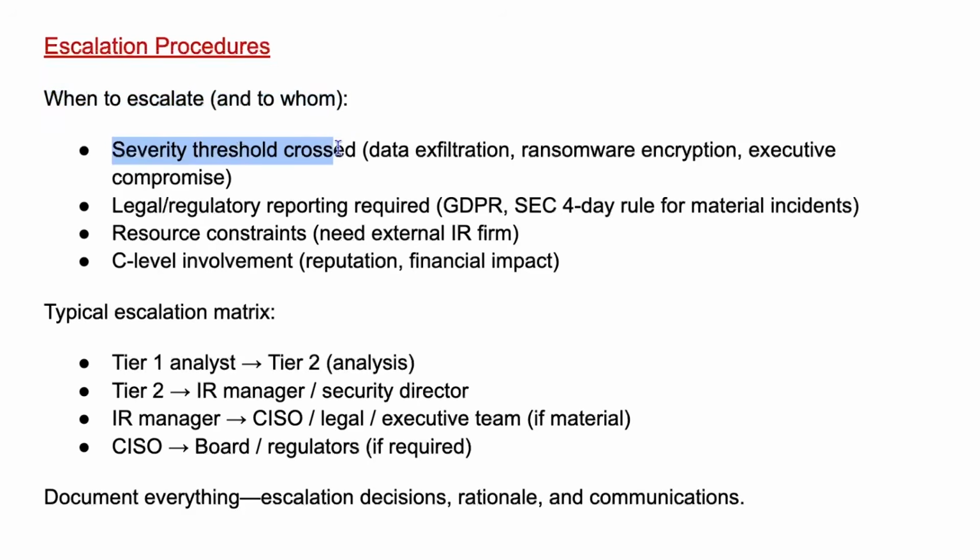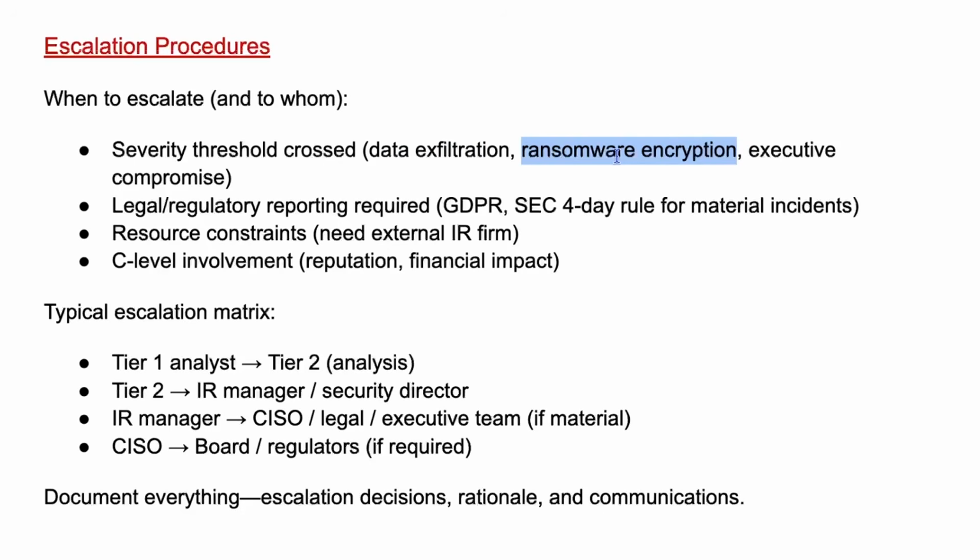So the first thing is the severity threshold that has been crossed. If we cross this severity threshold, then we need to escalate. That could be data exfiltration, ransomware encryption, or executive compromise. Data exfiltration is simple: data is being stolen, extracted out of our network.